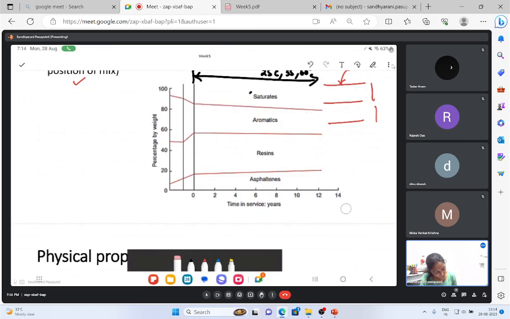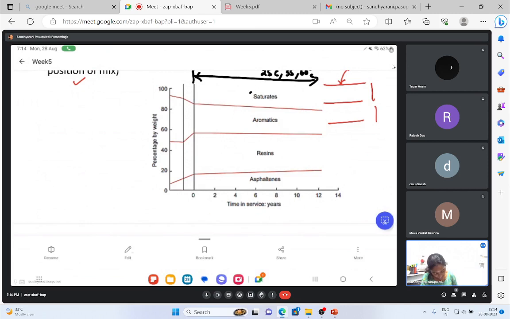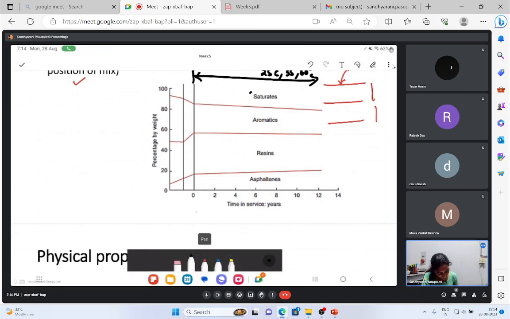Now you have a pavement that has been in service from 0 to 14 years. When I say 0, we have already compacted the pavement and are ready to allow the vehicles. So I know the properties of my bitumen at this stage. Even before laying, we already know the properties.